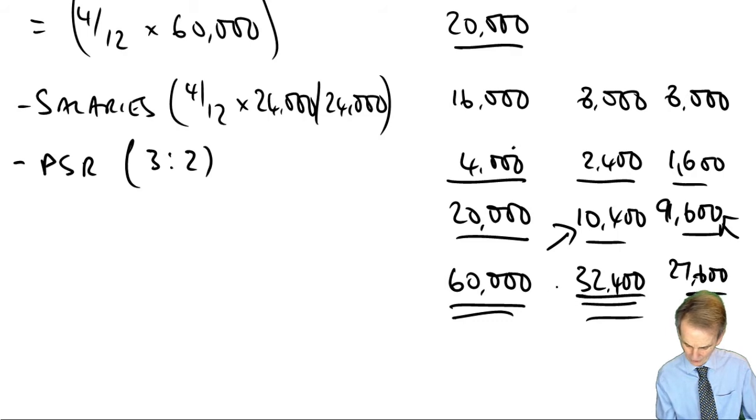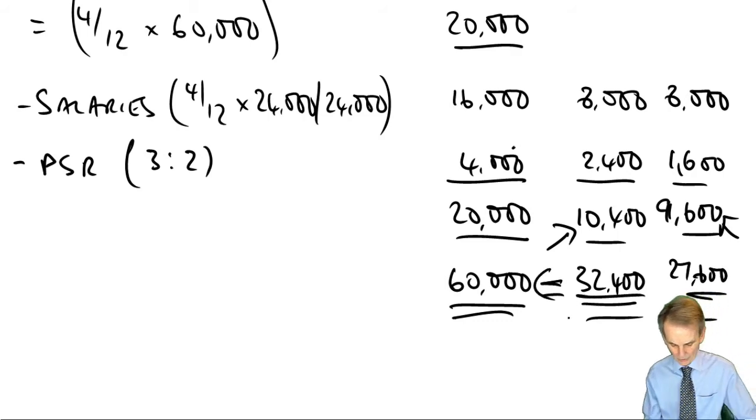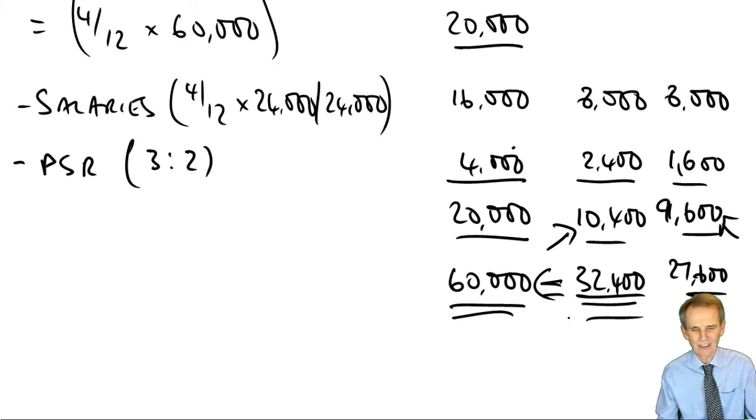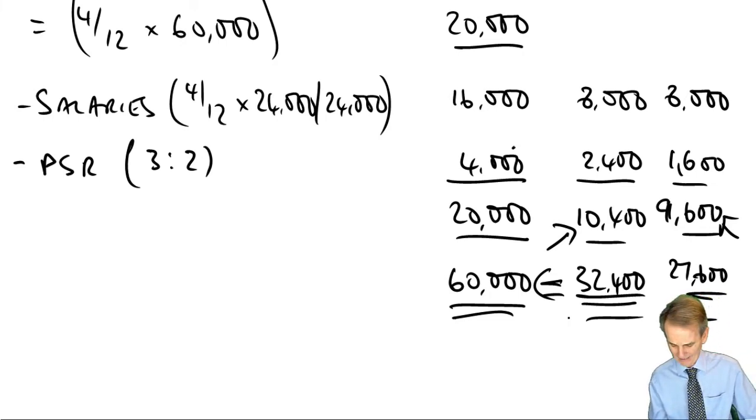Again, just do a quick crosscast to ensure that that comes to 60,000. We haven't done something silly with our numbers. Again, a lot of use of calculators going on here, and we've got to be careful that we press the right buttons. So just do a crosscast to make sure that what adds down also adds across to that total there.